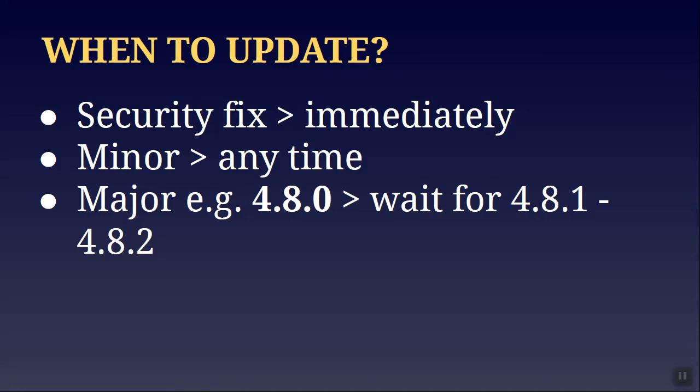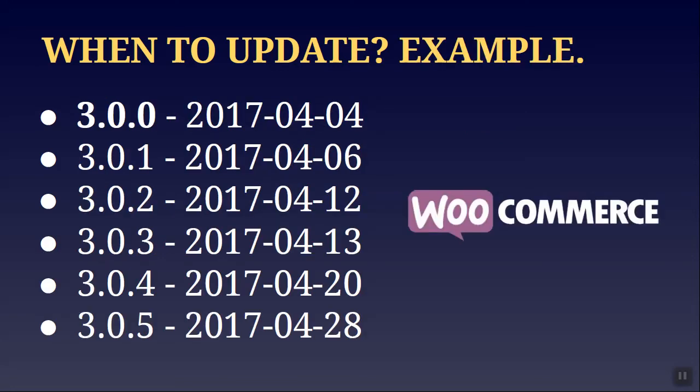That's because theme developers and plugins that depend on WooCommerce in this case will need to adapt, and might find bugs with 4.8.0, so they have to contact WooCommerce and tell them, listen, this is not working, you have to update this function. So there will be sort of smaller earthquakes after the big one, and you should wait for the next releases before updating.